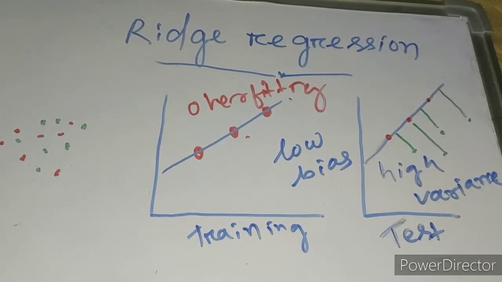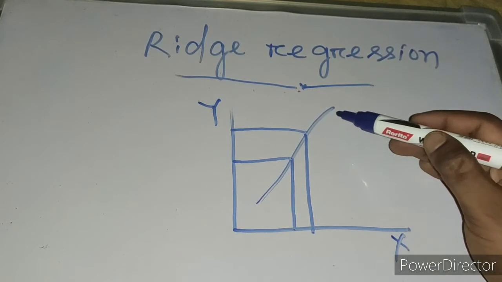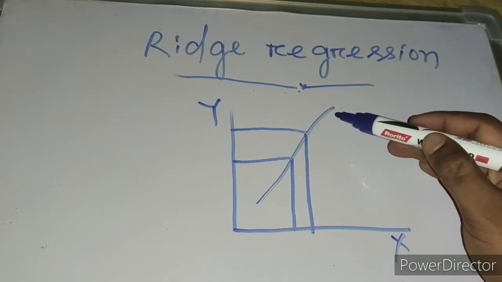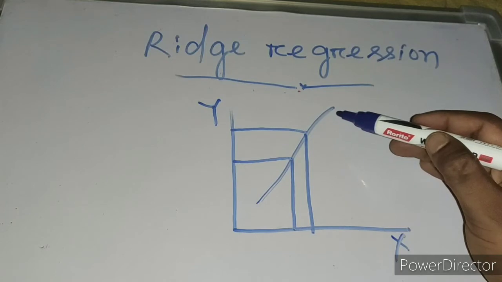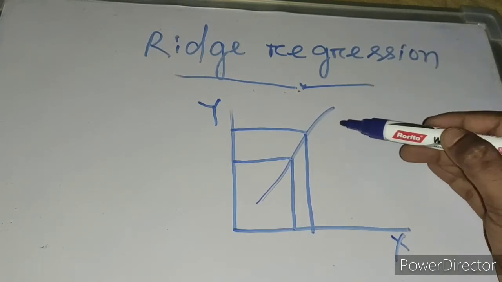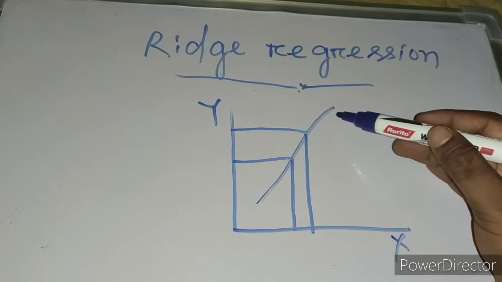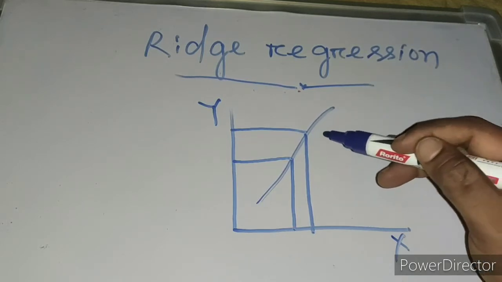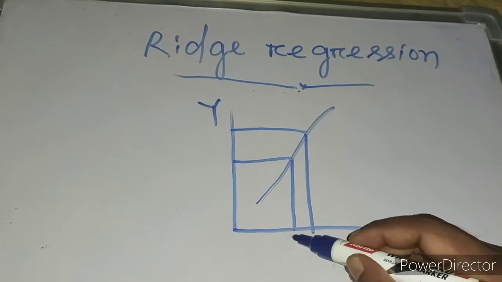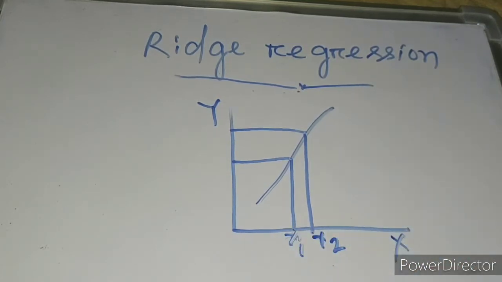Why we need to proceed with ridge regression, I will explain right now. The best fit line which we have right now is the best fit line for the training set, but it is not suitable for our testing set. The line has more stiffness. Stiffness means it is quite stiff. Suppose this is the x1 point and this is the x2 point.